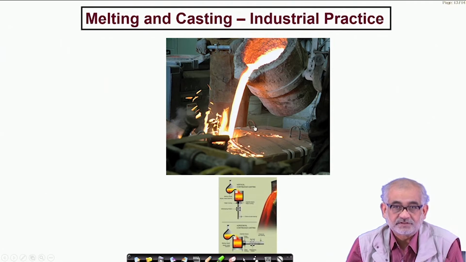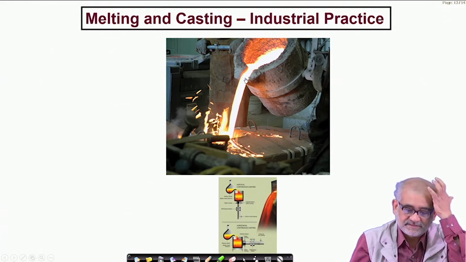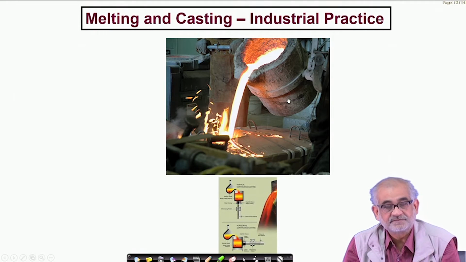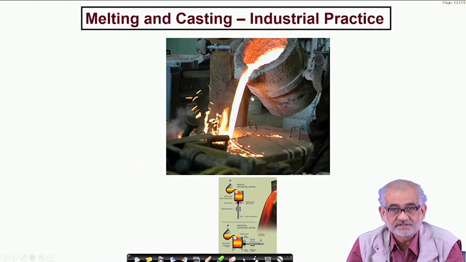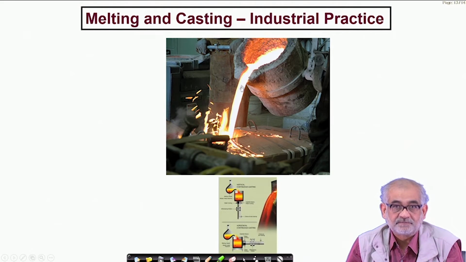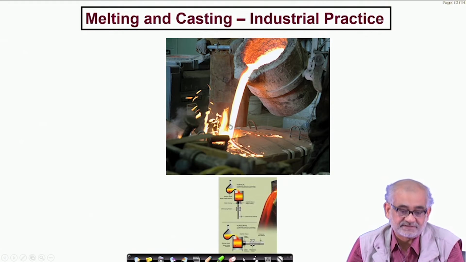So no matter what the composition of the liquid is, we essentially have a single phase liquid, and that is easy to deal with because essentially we are dealing with either a fixed melting temperature or a fixed liquidus and solidus temperature or a solidification range, and that allows us to design a particular solid depending upon its volume, shape, and other geometric factors.